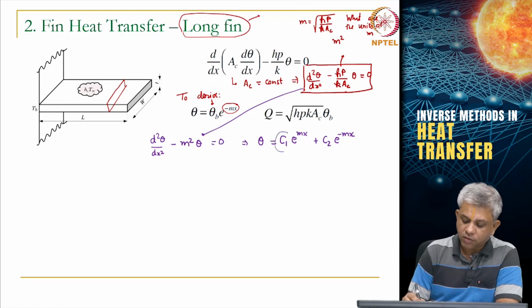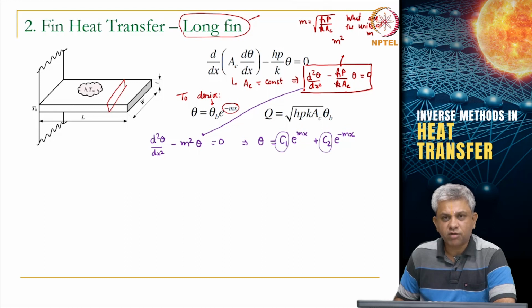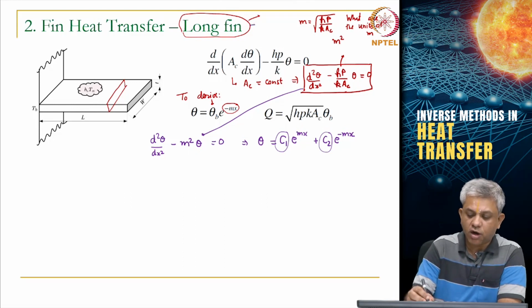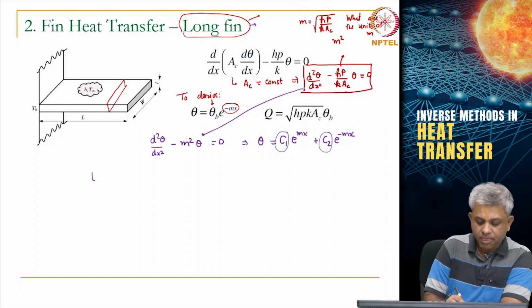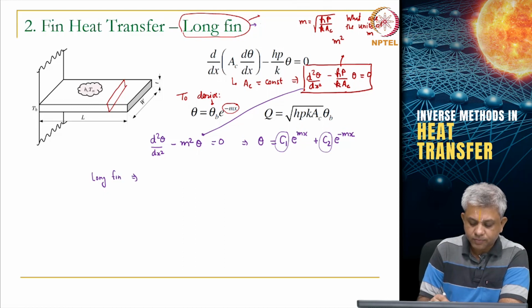Now, we have two constants. There are several ways of finding them out. The easiest way I know is, since this is a long fin, at the right end the length tends to infinity.